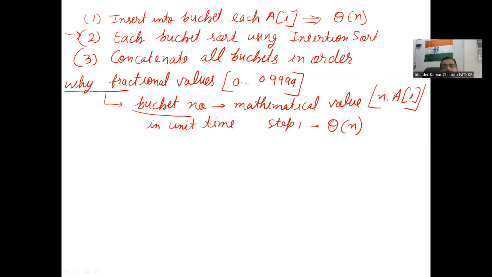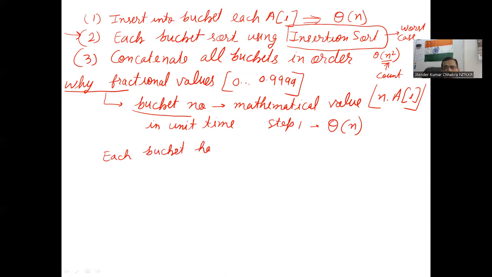We know that insertion sort in the worst case is going to be really time consuming. For insertion sort, theta of n square in the worst case is the time complexity. But that is when the number of values in the bucket was n. In this case, each bucket has very few values.